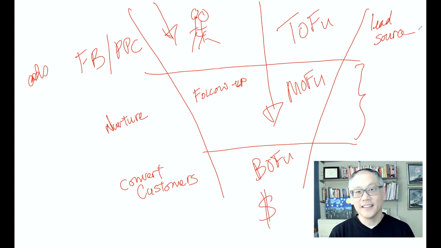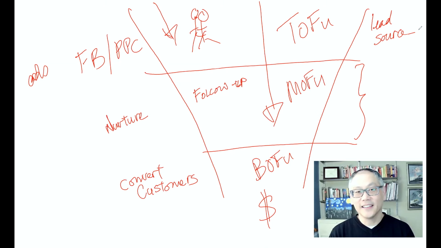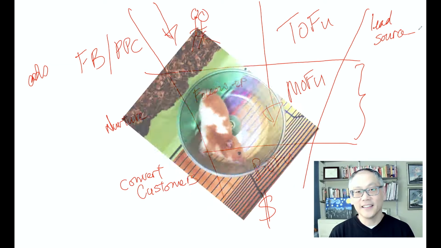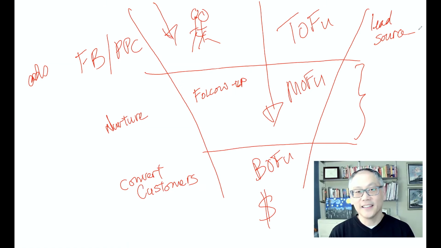What you should be doing is getting leads while building your brand at the same time. That's something I always tell agents: you can buy leads from places like Zillow or realtor.com, but you'll be on that constant hamster wheel, running like crazy from one lead to another, because they're not building your brand. They're selling their brand, Zillow or realtor.com, but they'll give you good leads. I don't doubt that at all.